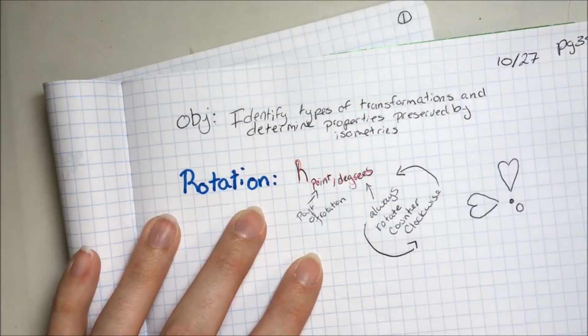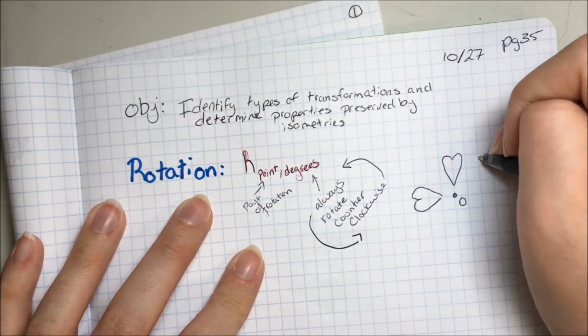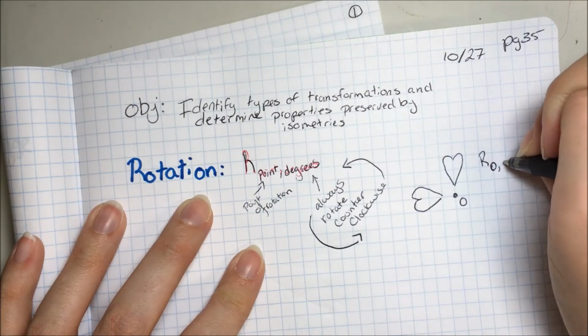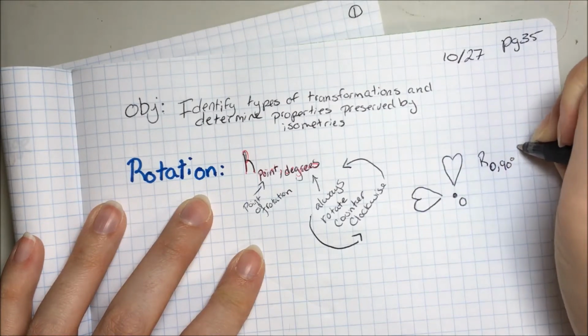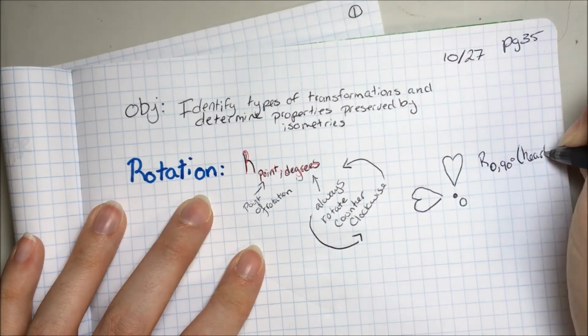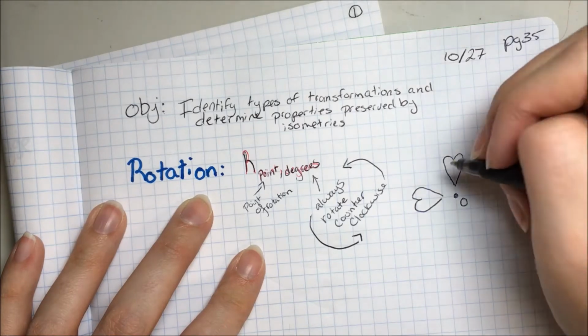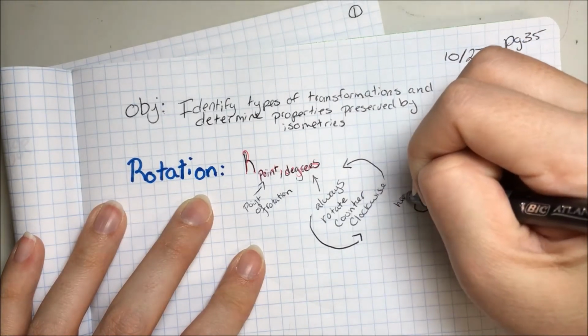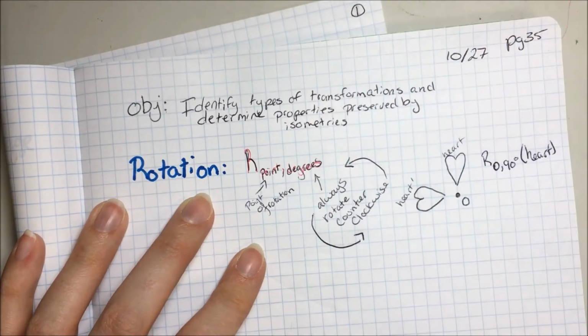So I would describe this as the rotation around O of 90 degrees of my heart. So this would be my heart. This would be the image, heart prime.